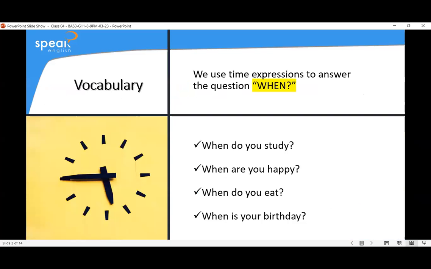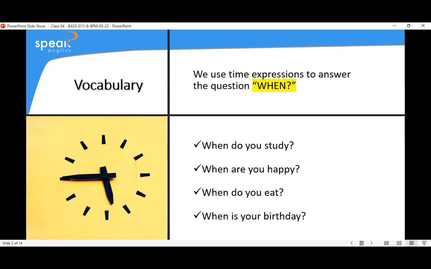okay? So for example, we normally use time expressions when we want to answer the question when. For example, if I tell you, I study, when? I am happy, when? I eat, when?